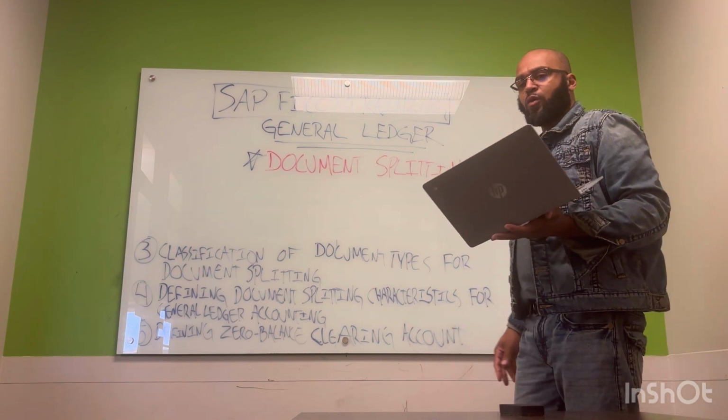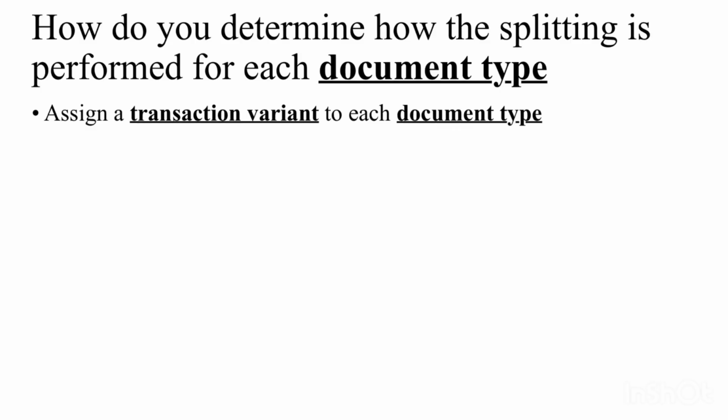Okay. Question. How do you determine how the splitting is performed for each document type? Assign a transaction variant to each document type.